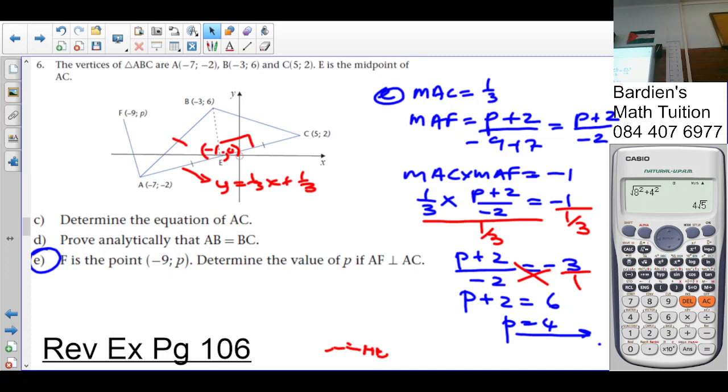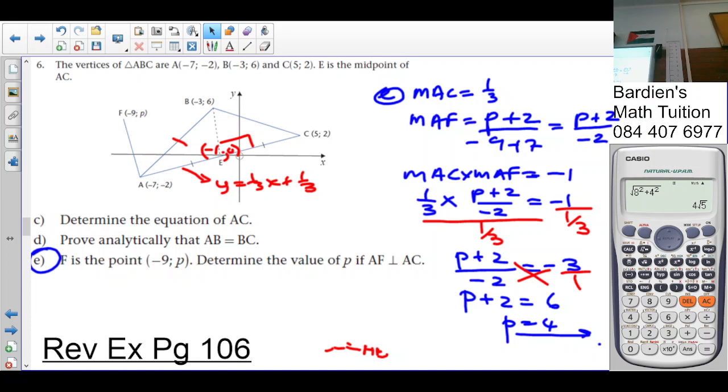okay, the commonly asked question. It either says they are perpendicular or they will say they are parallel. If it was parallel, what would I have done differently? The gradient of AF would have been equal to the gradient of AC.